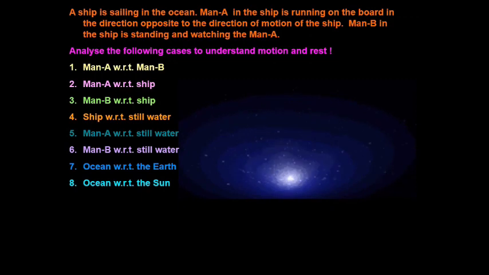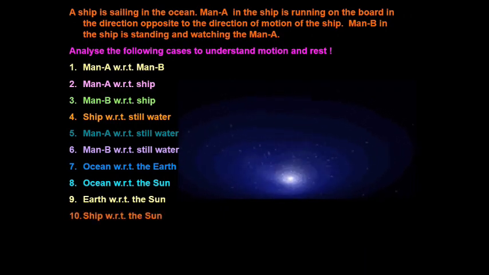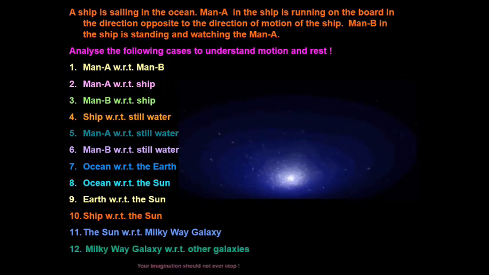There are some more: the ocean with respect to the sun, the earth with respect to the sun. These are a few case studies you can write down in your copy and find the correlation. I have talked about some 12 cases here, so you should be imagining them.